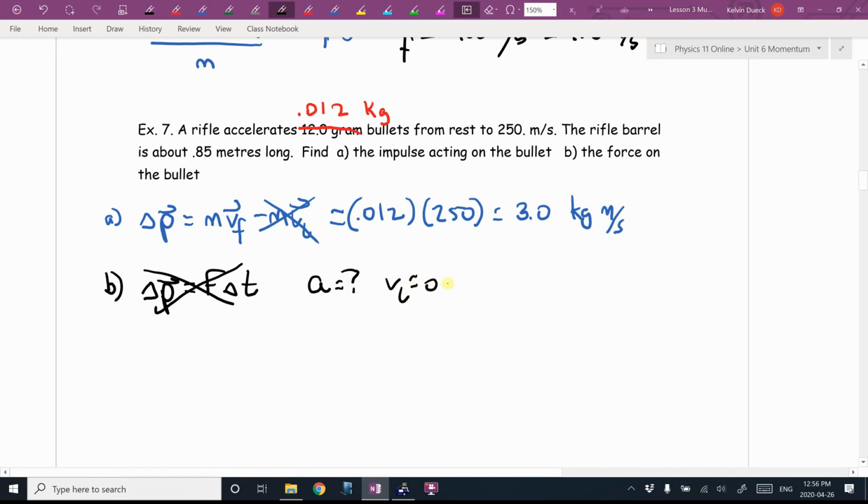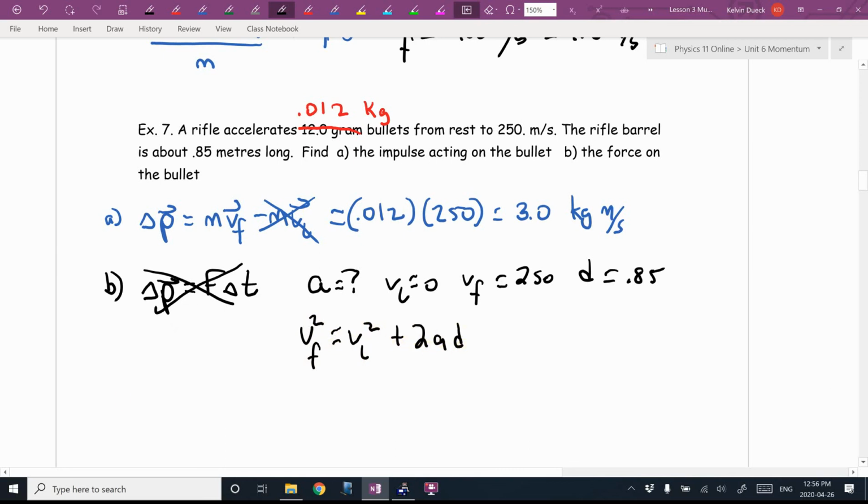VI is 0. VF is 250. Oh, and they gave me a distance, which I haven't used yet, of 0.85 meters. I can use VF squared equals VI squared plus 2AD.